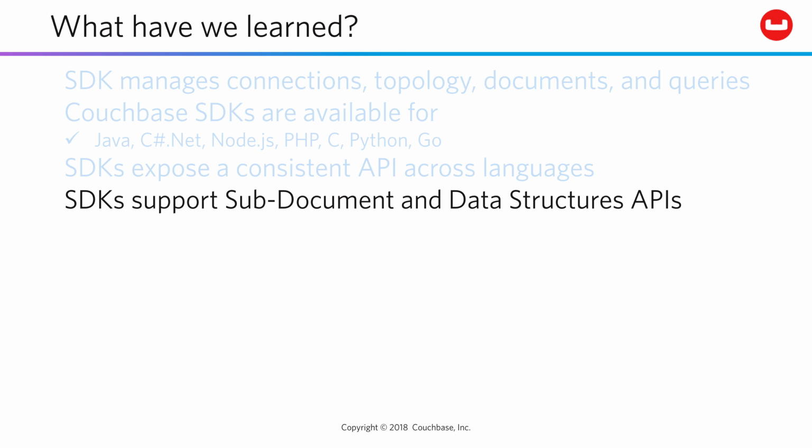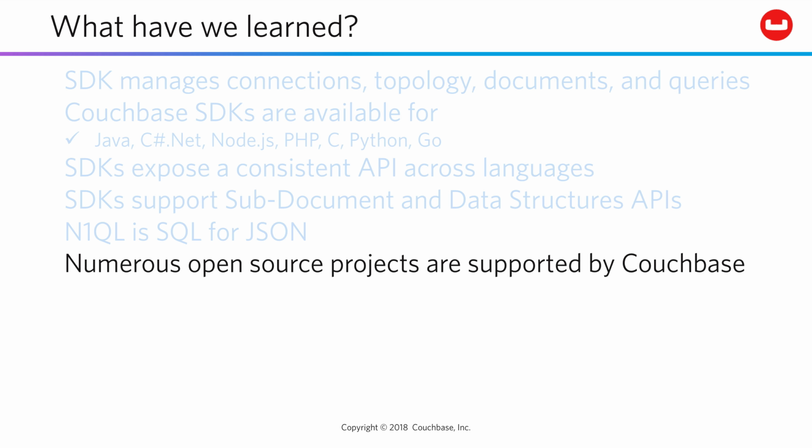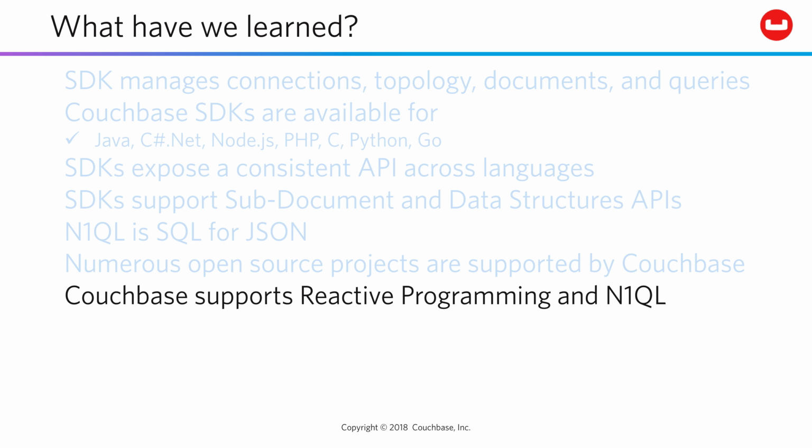The SDKs also support subdocument and data structure APIs. N1QL, as we keep saying, is SQL for JSON and provides overlapping capabilities with some of the document-specific operations. Couchbase enthusiastically supports numerous open source projects, and we support reactive programming approaches in both Java and C#.